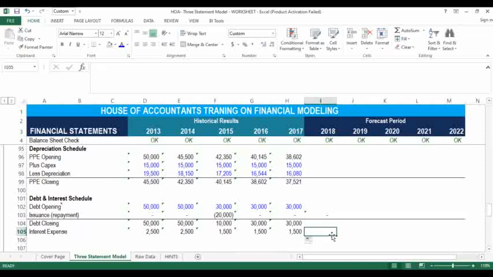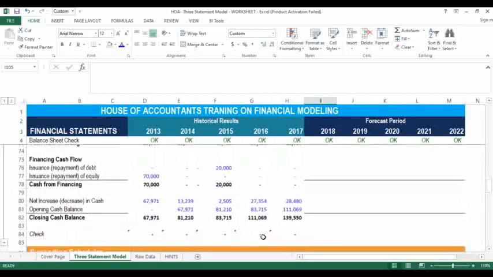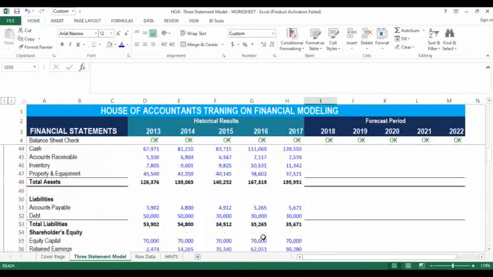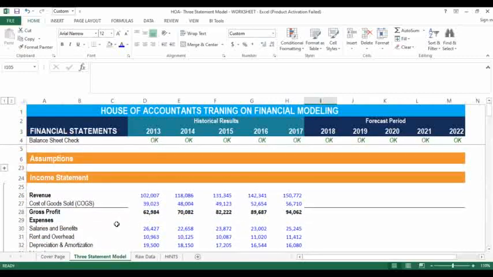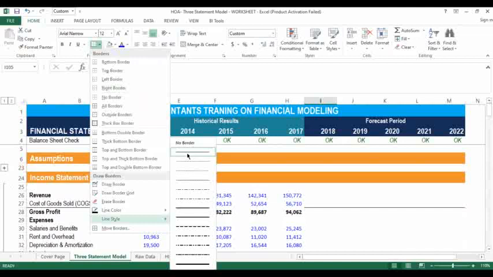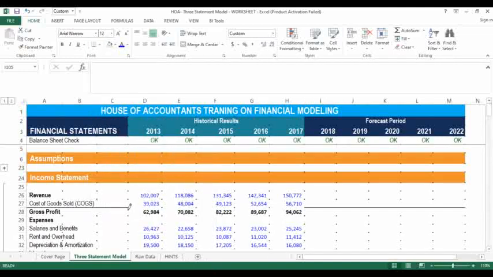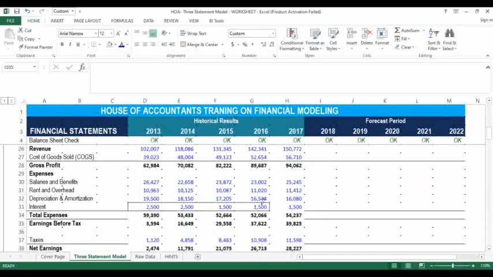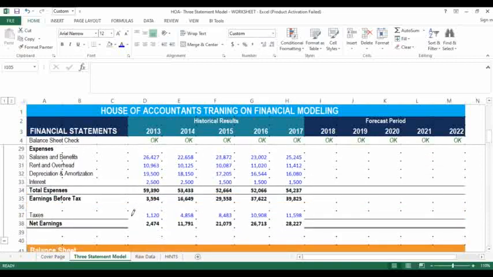Let me try to save it. If there's any question so far, we have been able to balance all our historical figures based on what we have here. So let me try to use the line to make it neat as it ought to be. Just a minute.